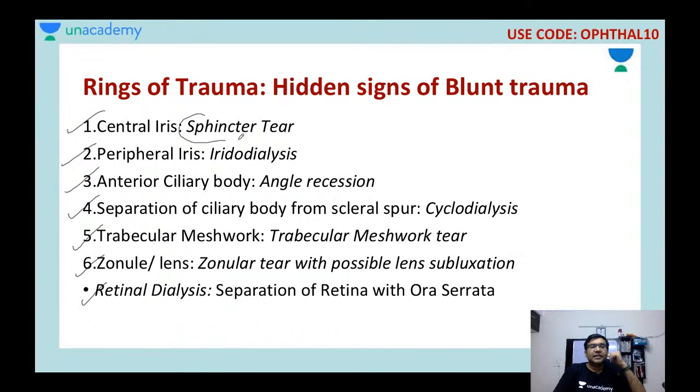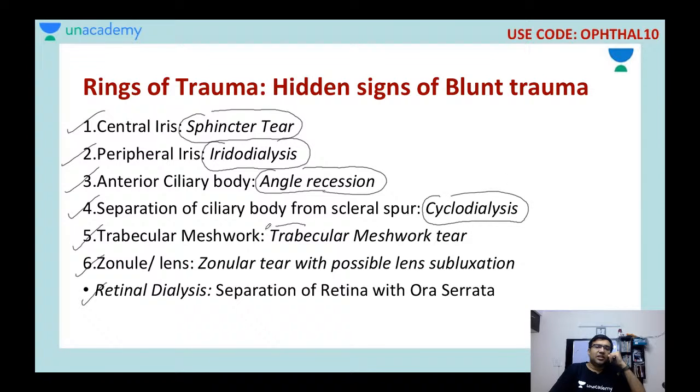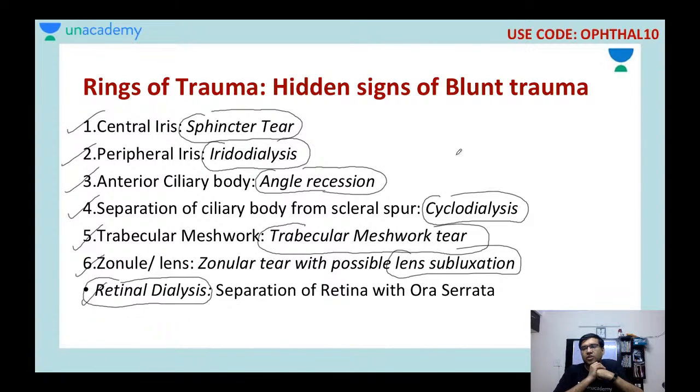So sphincter tear, iridodialysis, angle recession, cyclodialysis, trabecular meshwork tear, lens subluxation and retinal dialysis, they are all signs of the rings of trauma.